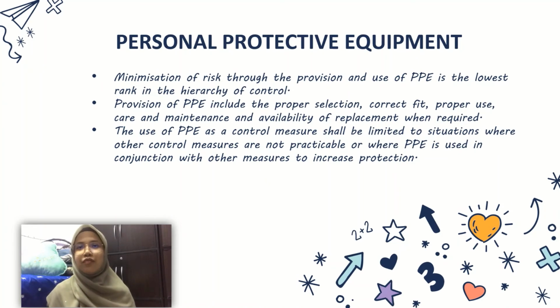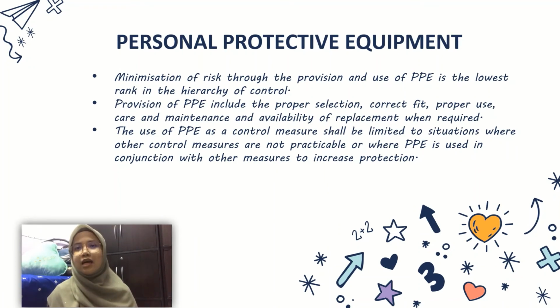Minimization of risk through the provision and use of PPE is the lowest rank in the hierarchy of control. The provision of PPE includes proper selection, correct fit, proper use and care, maintenance, and availability of replacement when required.